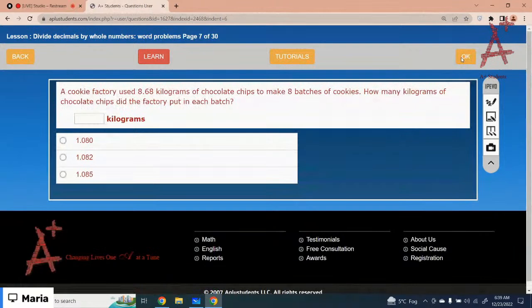Okay, the next one is: a cookie factory used 8.68 kilograms of chocolate chips to make 8 batches of cookies. How many kilograms of chocolate chips did the factory put in each batch? So you have to divide 8.68 by 8, got it? So which of the options is the correct one?